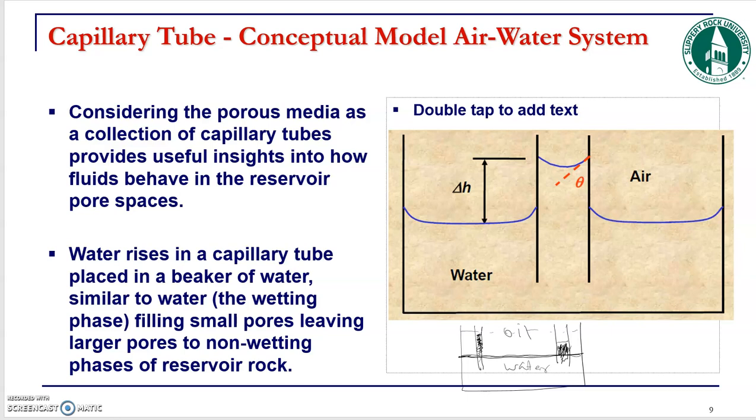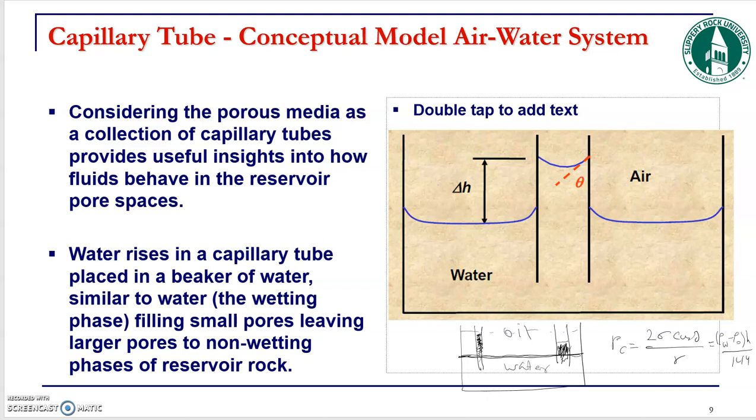So the PC was equal to 2 sigma cosine theta over R, right? And if you consider one capillary tube and two different fluids, then this is also equal to the density difference between two phases, so rho W minus rho oil multiplied by the height divided by 144, right? Okay, so we had this equation.